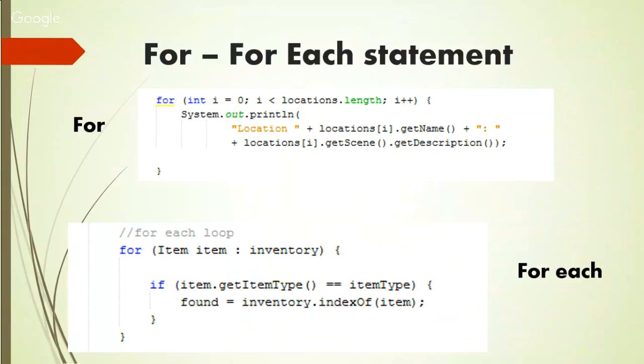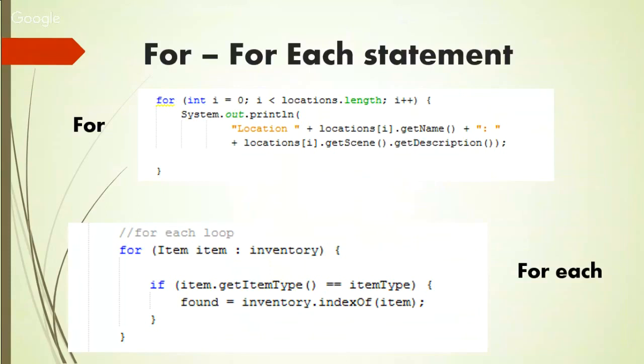you validate the information. You can use length, you collect all locations, and then validate that i is less than the total number of locations, and then increment this variable, and then you can print or something like that.